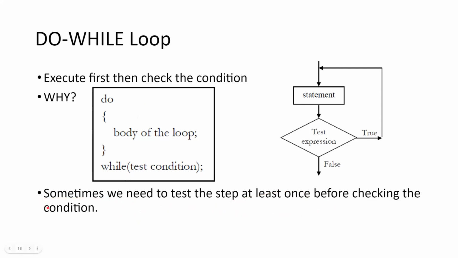We need to see, for example, whether our answer is what it was supposed to be. I want to see my output first, and then if my output is okay, I will continue.